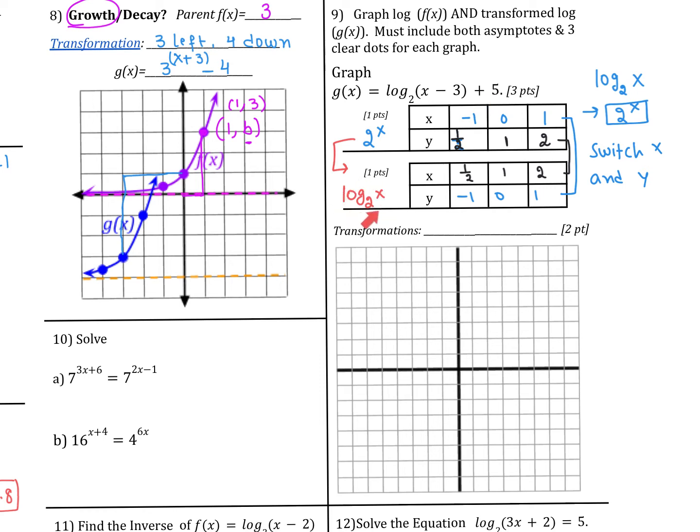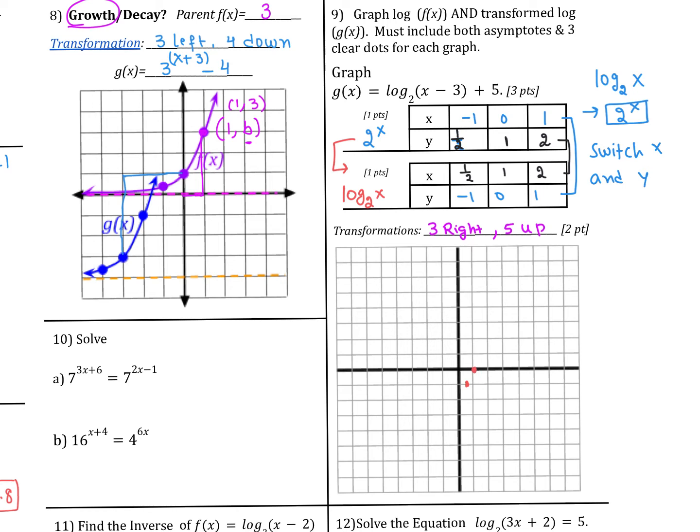So our parent function is log base 2 of x. Our transformation is 3 right, 5 up. And the graph is going to look like, for log, half comma -1 is this point, 1 comma 0.